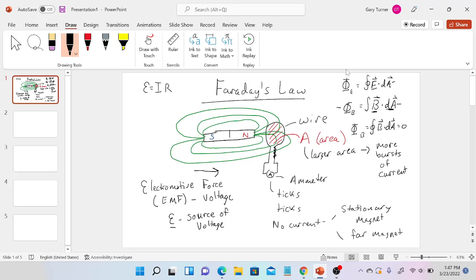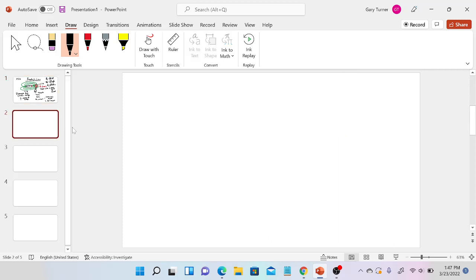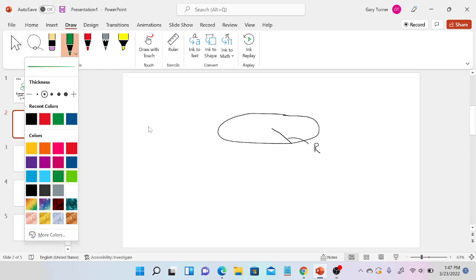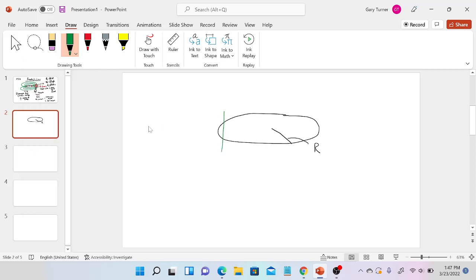Okay, now for simple systems like a loop, if I just have a loop of wire and my loop is a circle and it has a radius r, and I have magnetic field lines from somewhere, I don't care where, penetrating through that loop, and let's just say that this is a uniform magnetic field for the moment.